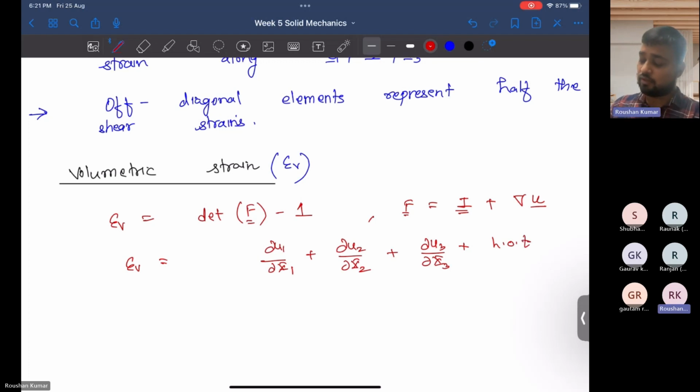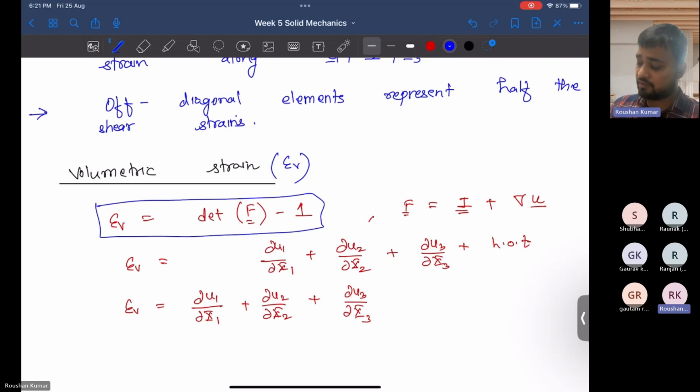If the strain is very small, the higher order terms can be neglected. So volumetric strain is simply del U1 over del X1 plus del U2 over del X2 plus del U3 over del X3. So this is the formula for the volumetric strain.